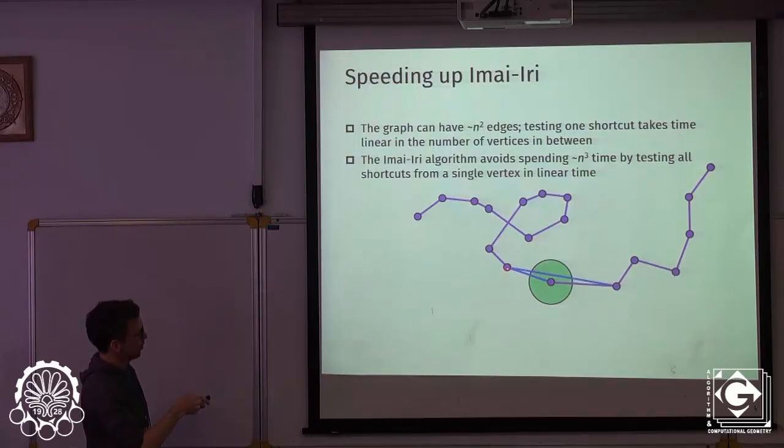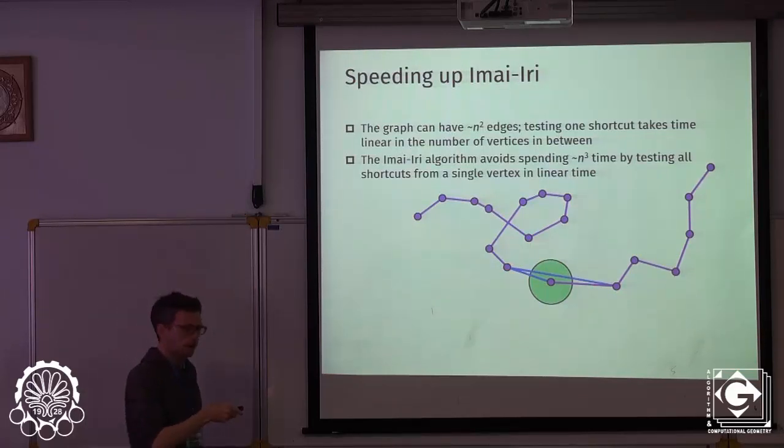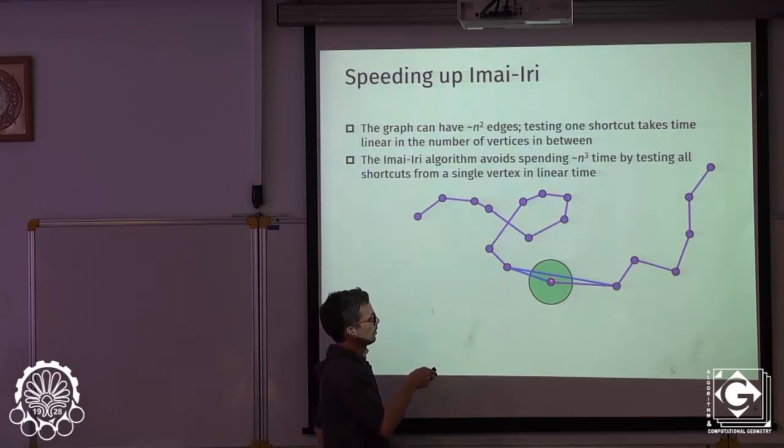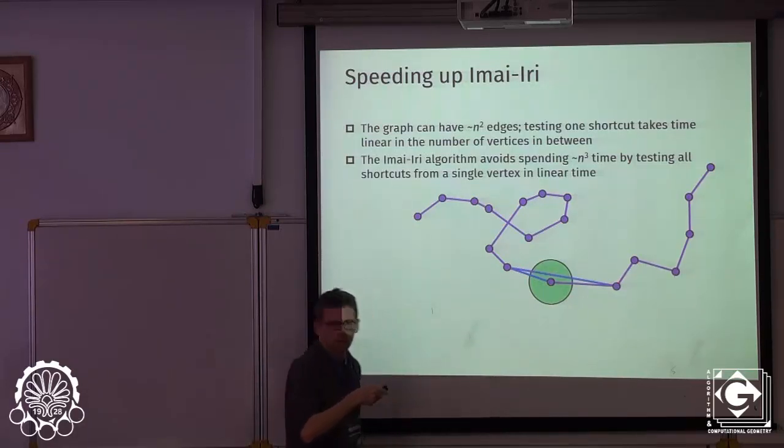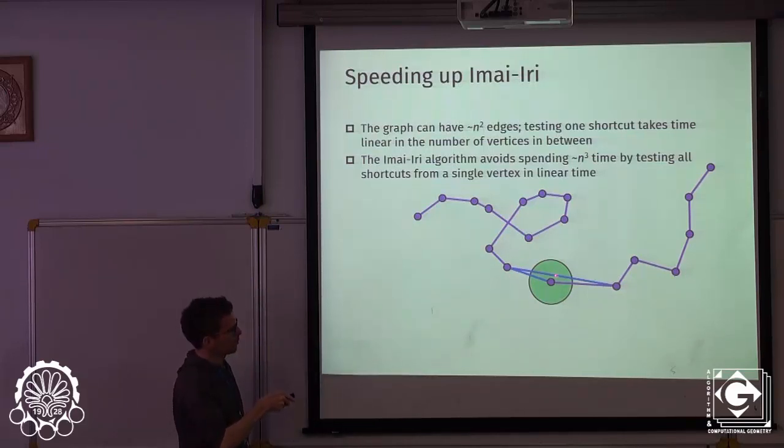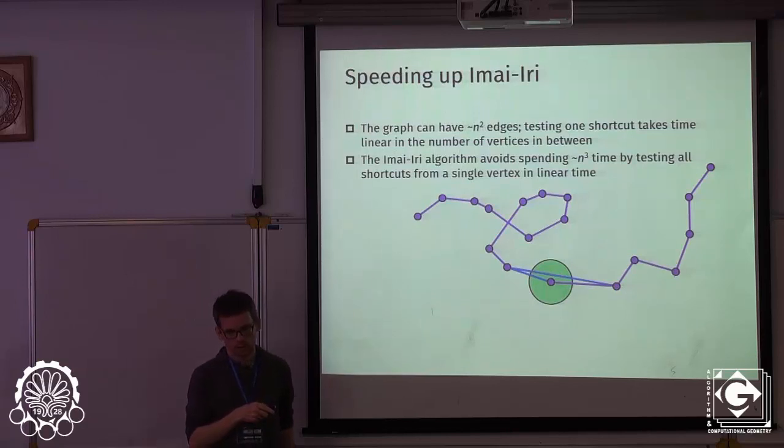What I essentially need to know for this edge to be a valid shortcut is, okay, this vertex should have distance at most epsilon to this edge, which formulated differently means that if I take an epsilon disk around this vertex, it should be stabbed by this line segment.